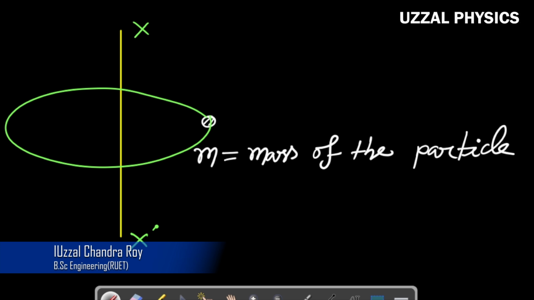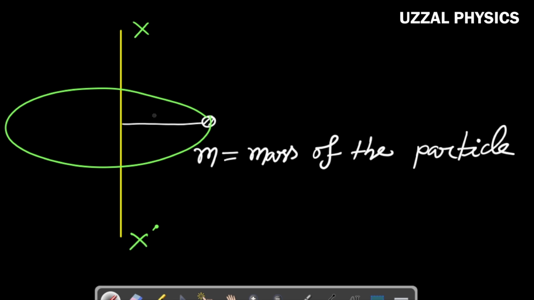The perpendicular distance between the rotational axis and the point mass is r.